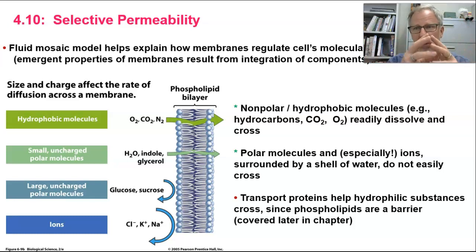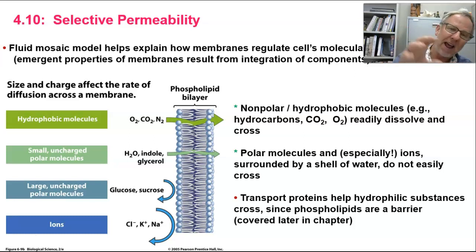Like a computer works the way it does because of the way the computer components are integrated. A car works the way it does because of the way the drivetrain and the transmission and the engine and everything is integrated to make the car work. So plasma membranes or cell membranes work because of the way the components are integrated.